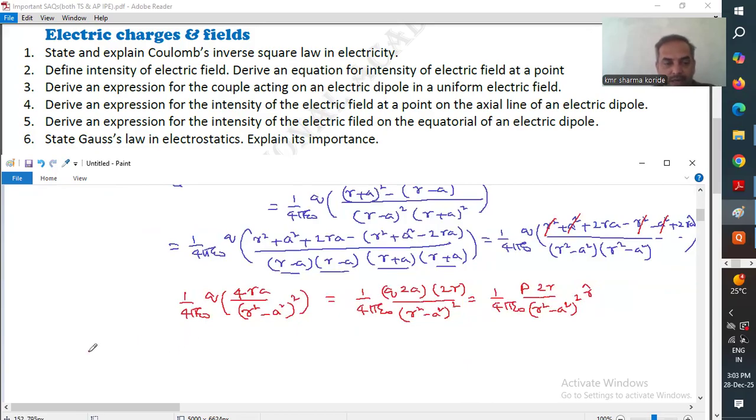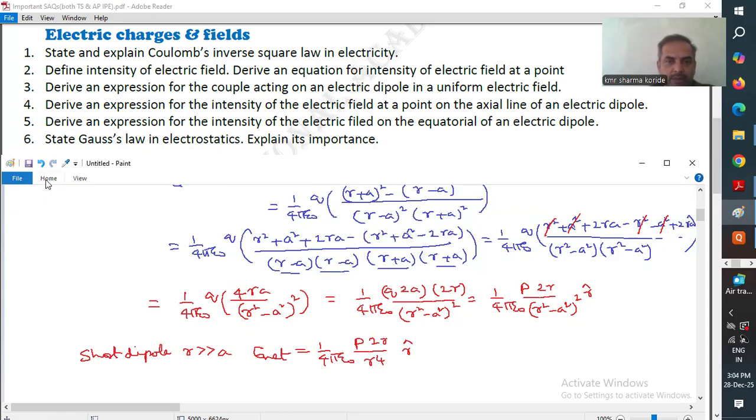So in case if it is short dipole, means distance from the negative and positive charge of the dipole is very less compared to the distance from the center to P. So R greater than A. So you can write E net is equal to, this is all E net only, 1 by 4 pi epsilon naught P into 2R divided by, you are neglecting A means you'll get R to the power of 4, with the R cap as the unit vector along which electric field acts.